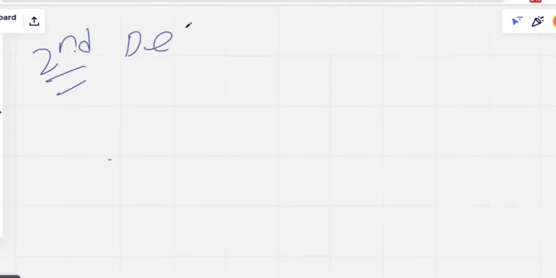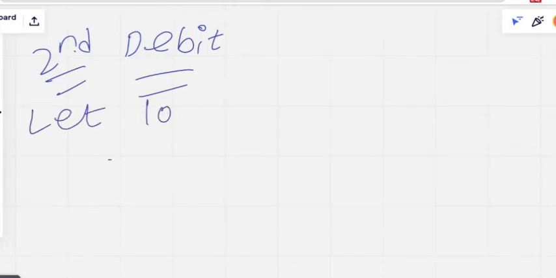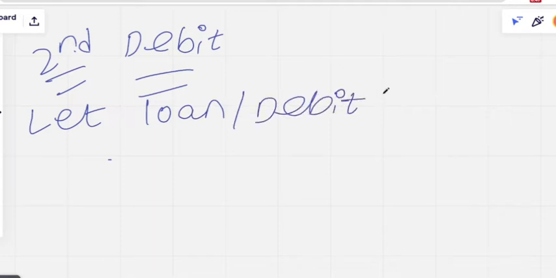The heading is debit. Whenever you have a debit or related words in your problem, you have a simple trick. Let's assume an example so that it will be easier for you to calculate any sum regarding this. Let the loan or debit be rupees x.